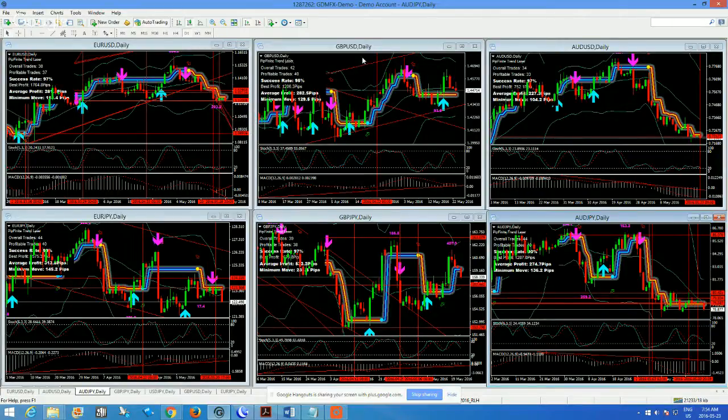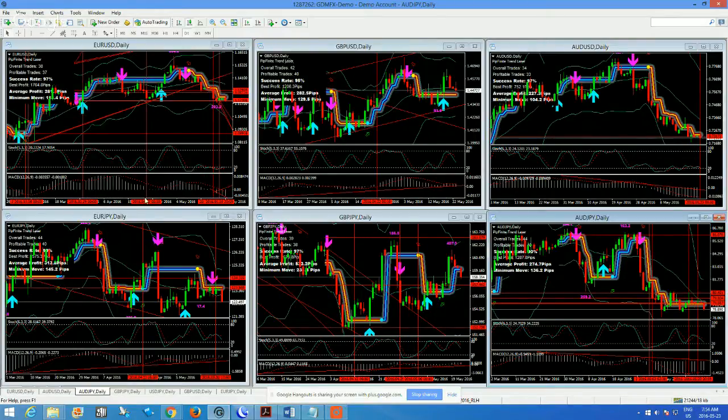Then there's the British pound, US dollar, Australian dollar, US dollar, euro yen, British pound yen, Australian dollar, Japanese yen. So notice that we've got 6 currency pairs and almost every first world country is represented.